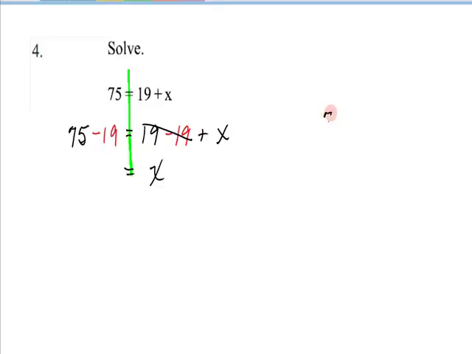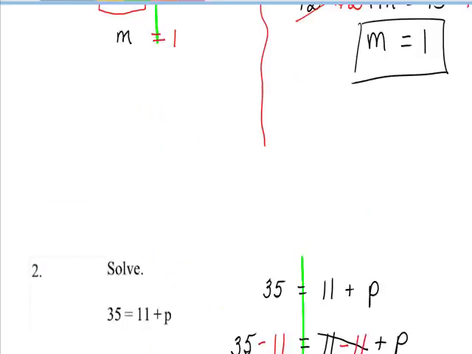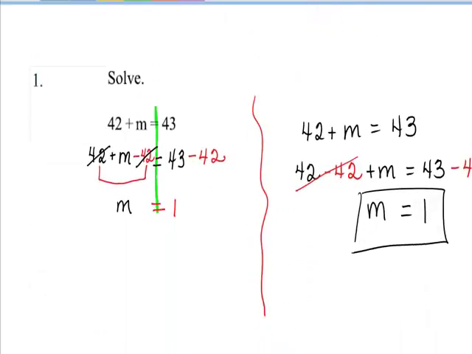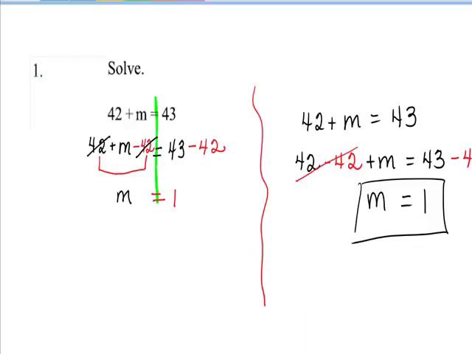The left side, I have 75 minus 19. 9 from 5, I can't subtract, so I will borrow. Now it's 9 from 15, which is 6. 6 minus 1 is 5. I get 56 is x. So we have solved 3 equations. Each one started with a number plus the variable.